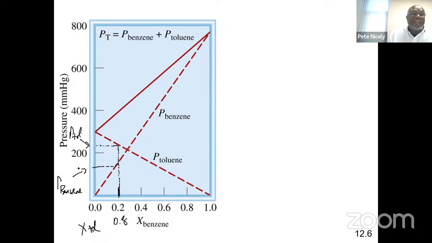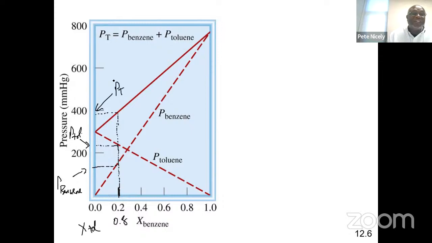And if I were to continue to draw the horizontal line until it touches the solid line, then that would represent the total pressure, the total vapor pressure above the solution.